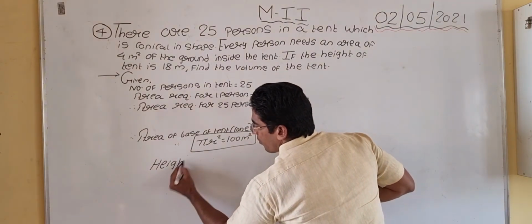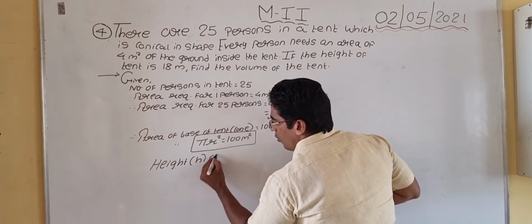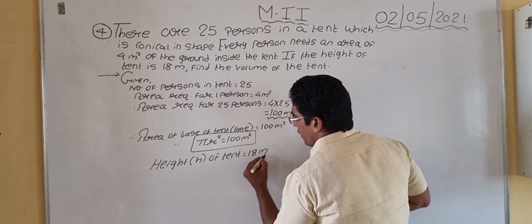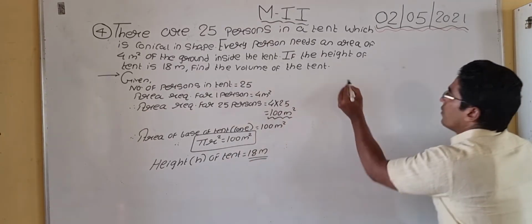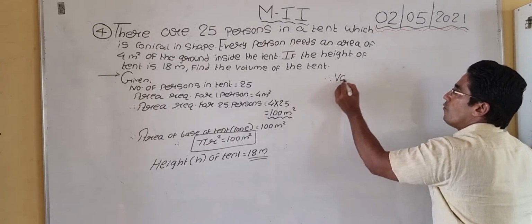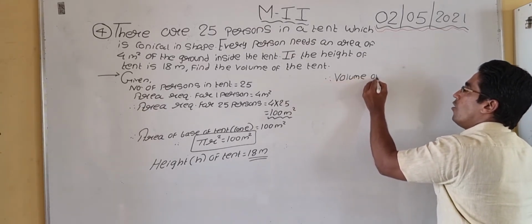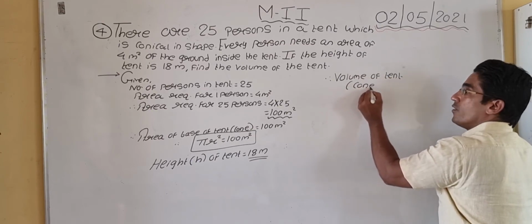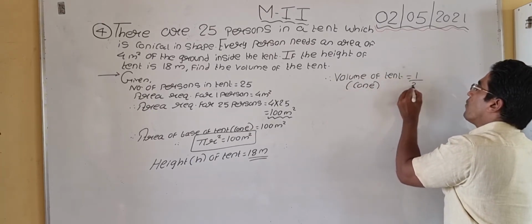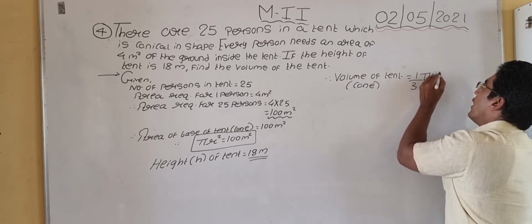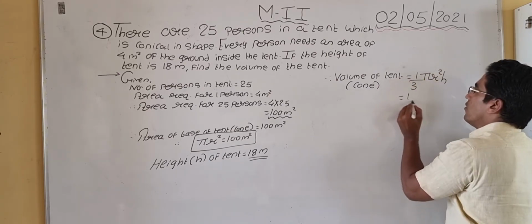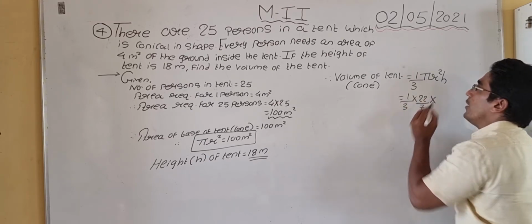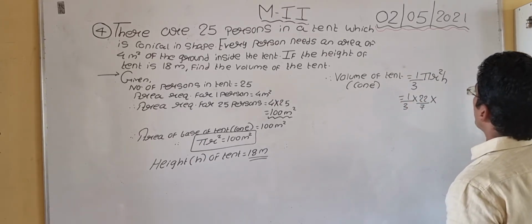Height h of tent is equal to 18 meters. Therefore, volume of tent, that is cone. What is the formula? 1 upon 3 pi r square h. 1 upon 3 into 22 upon 7 into what is pi r square?